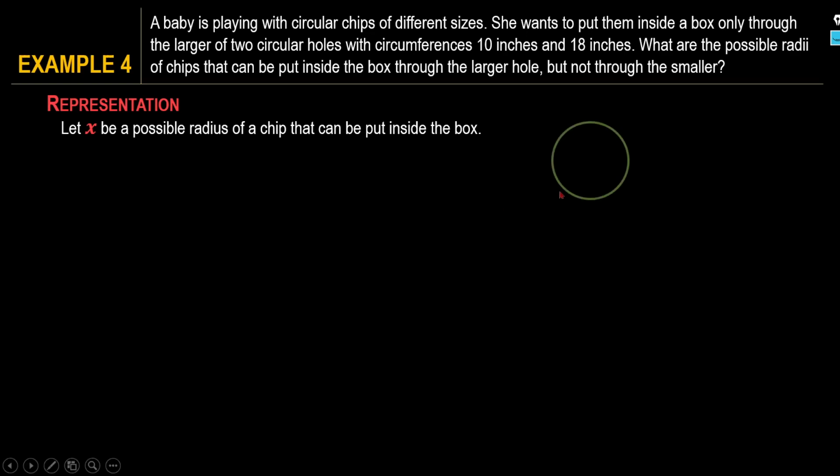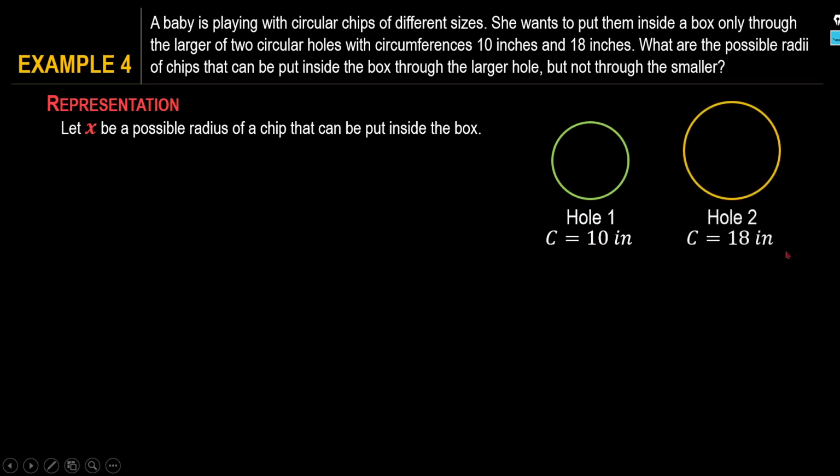So let's draw. Hole 1, I know, has a circumference of 10 inches. Hole 2, 18 inches in circumference. Again, sabi sa problem, dapat papasok siya sa bigger hole, hole 2, but not in hole 1.